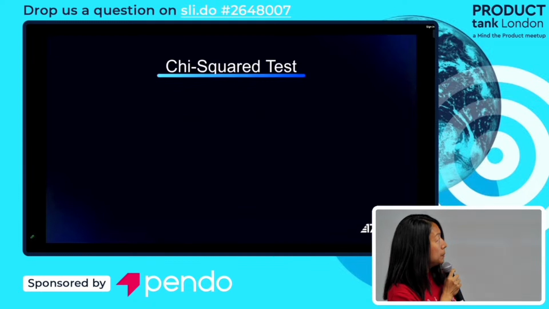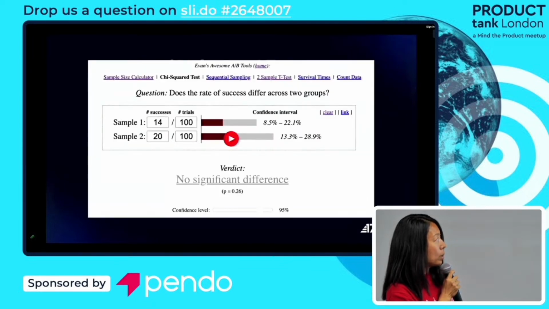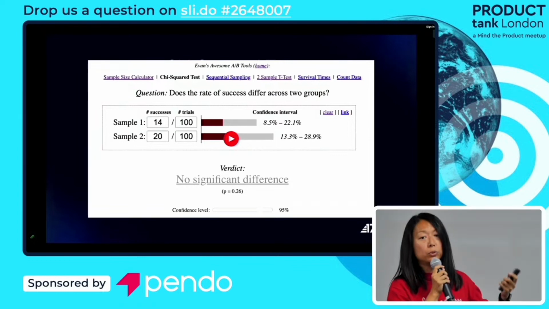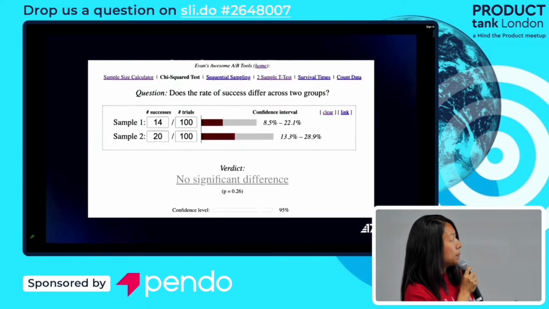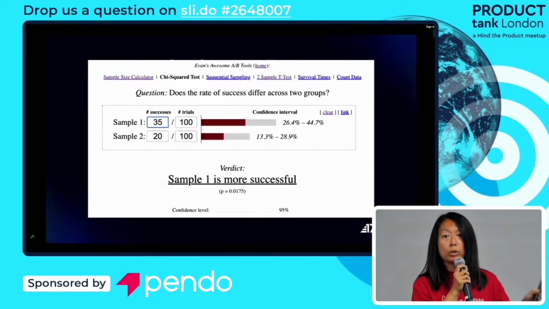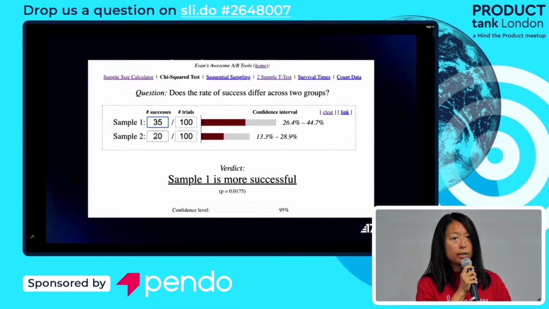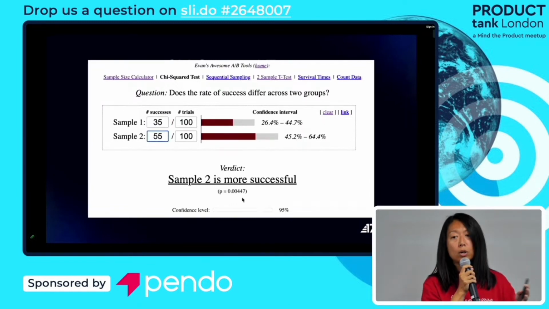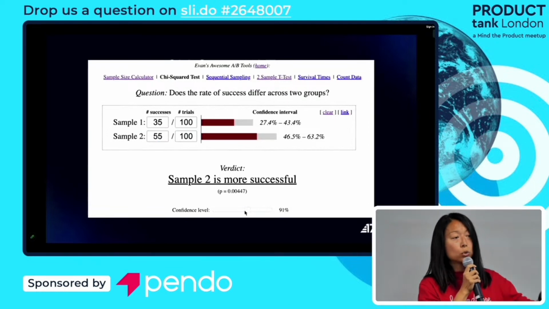The next one. So chi-square. So this is when you are testing a conversion rate. So exactly this example. So did people do or not do something? I'll quickly play this. So here, what you want to do, this is a retrospective view. So as your test is running, you have collected the results. So out of a cohort of 100 people, how many have converted in the test group and the control group?